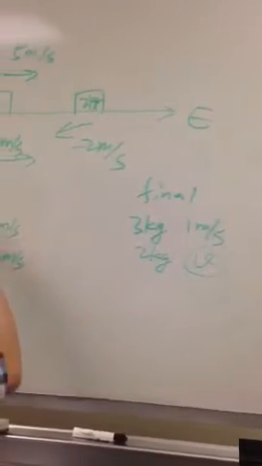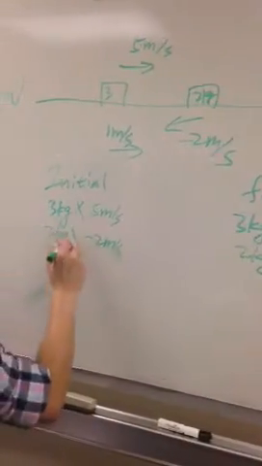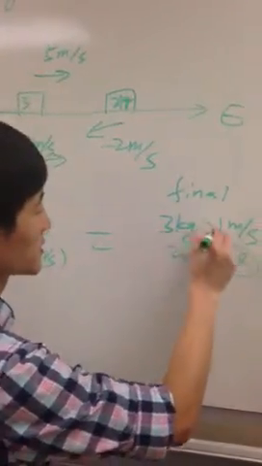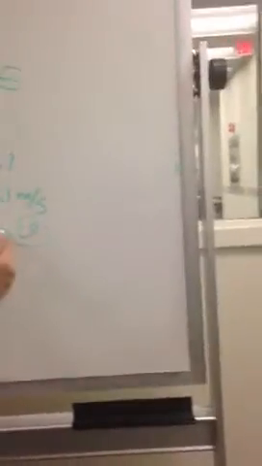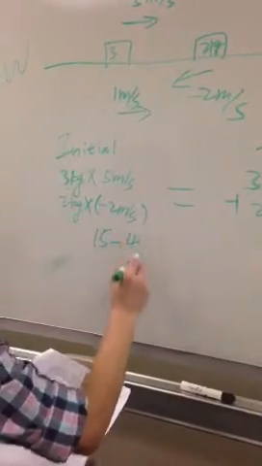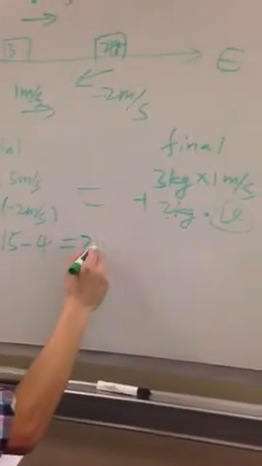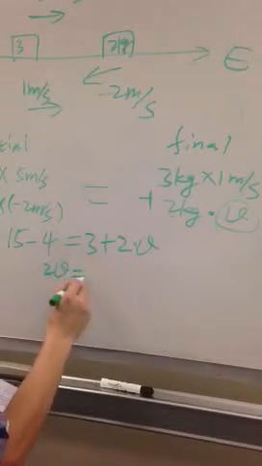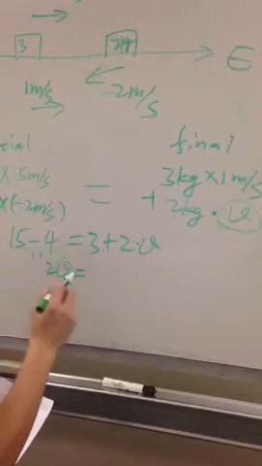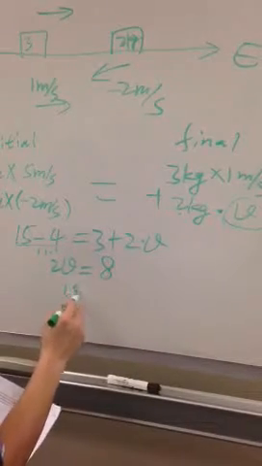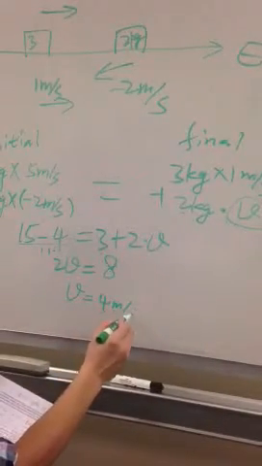So 3 times 5, 2 times -2 should be equal to 3 times 2 plus 2 times the velocity, right? And here is 15 minus 4 is equal to 3 plus 2 velocity. So 2 velocity is equal to, here is 11 minus 3, that will be 8. So the velocity is 4 meters per second.